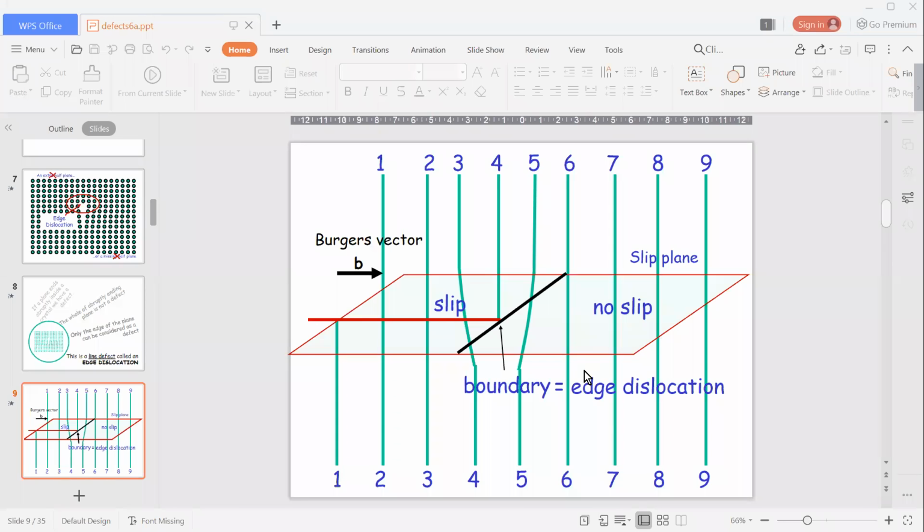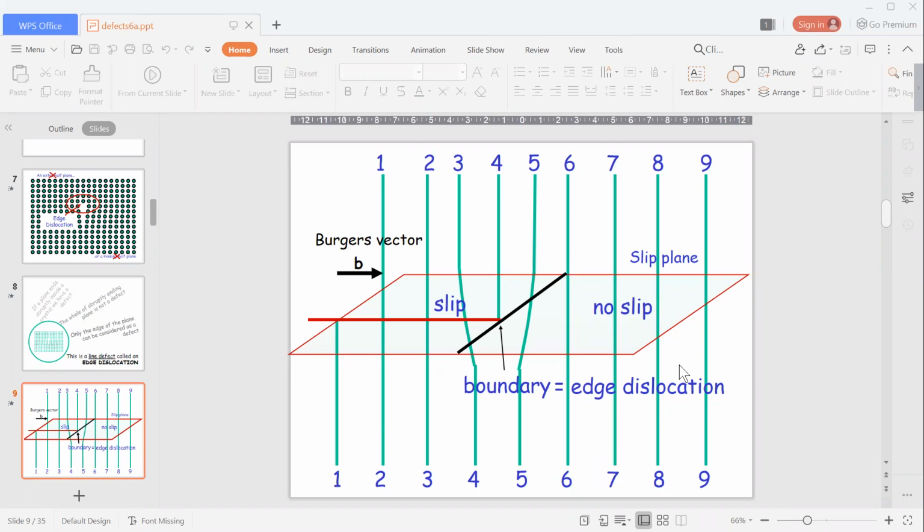Is it visible now? No, sir. Can you see the screen? Still, it's showing that you've started screen sharing. The screen is not visible yet. Yes, sir. Now it's visible.